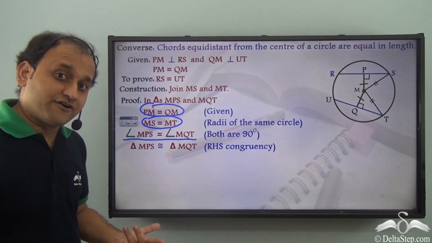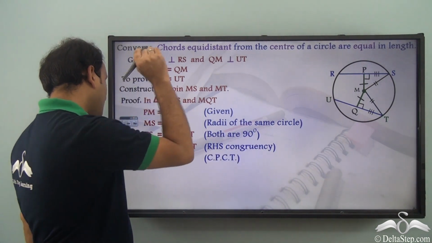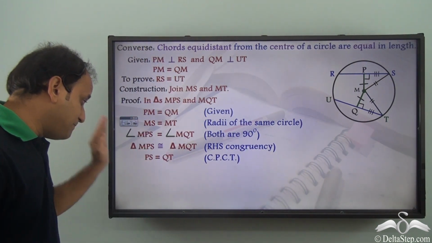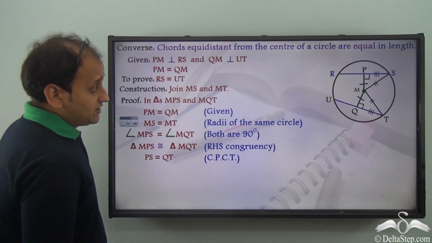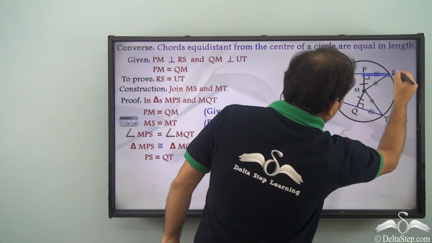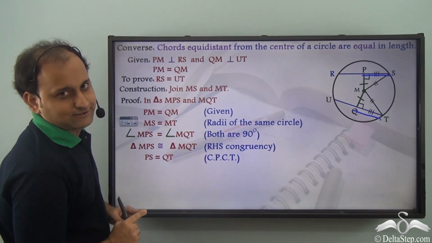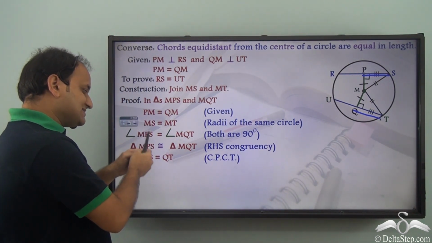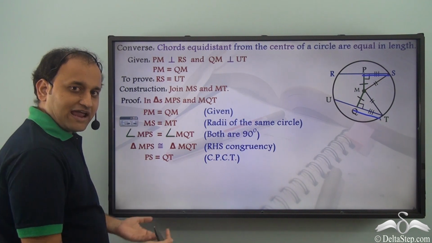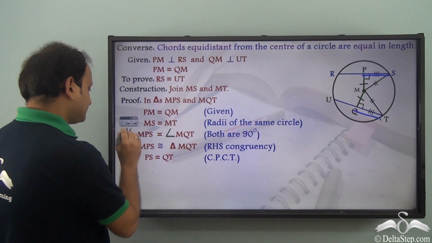And what do we infer from this? We infer from this that PS is equal to QT. So, these corresponding sides of congruent triangles will be equal. Now, PS is equal to QT. Can we write them in another form?